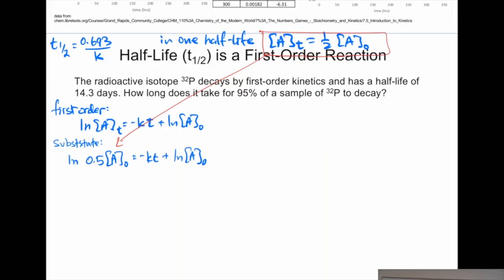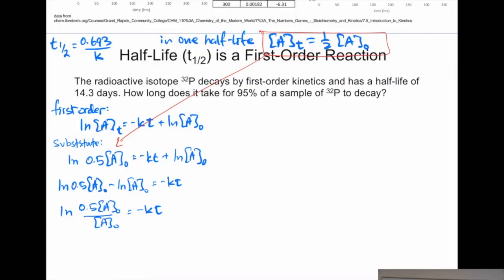And now all I need to do is creatively rearrange things. Let's bring the natural log terms all together. That's the natural log of 0.5 A sub 0 minus the natural log of A sub 0 is equal to minus kt. And then let's use that trick with logarithms that we did before. That's the same as the natural log of 0.5 A sub 0 divided by A sub 0 is equal to minus kt.